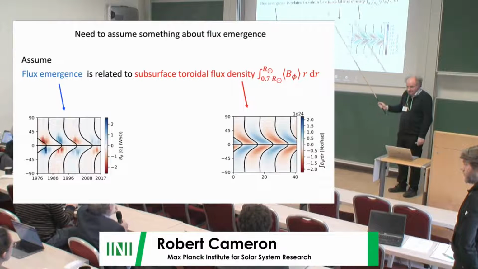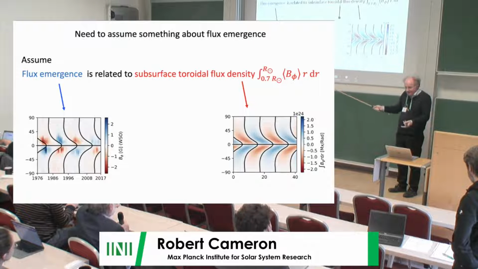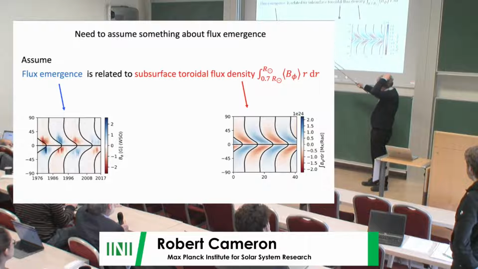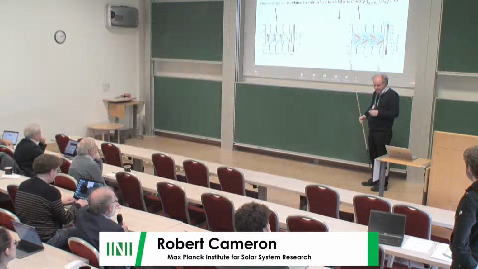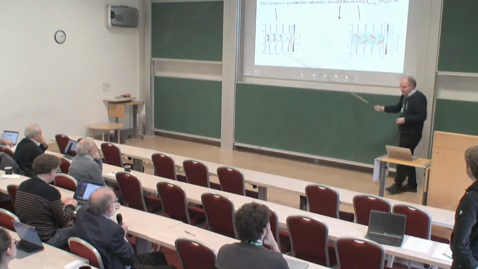No, and the value for the escape. So basically you have to have all the flux escapes on a time scale of 11 years, or most of it escapes on a time scale of 11 years. And if you take the depth of the convection zone and a diffusivity of about 100 kilometers squared per second, which is what people who do the simulations think it is, then you lose it on this timescale of 11 years.